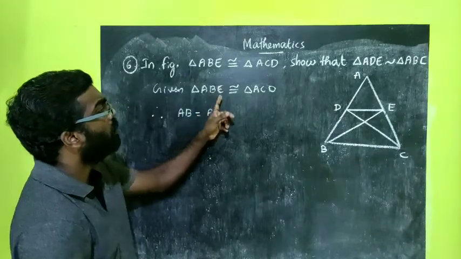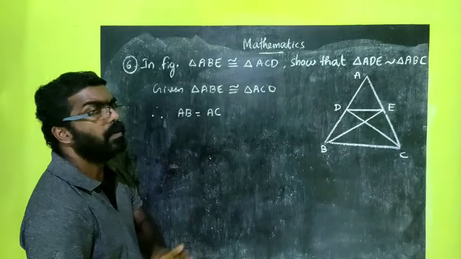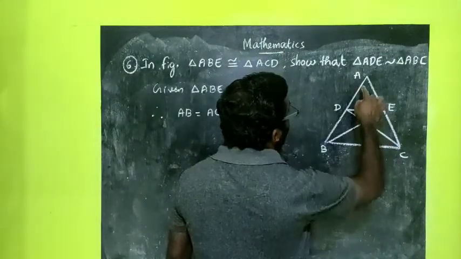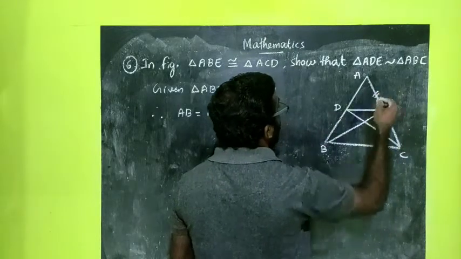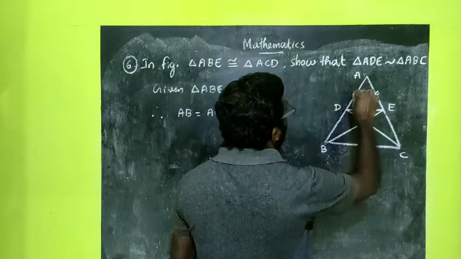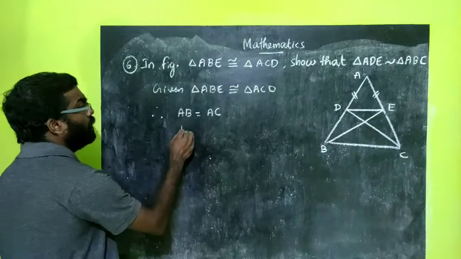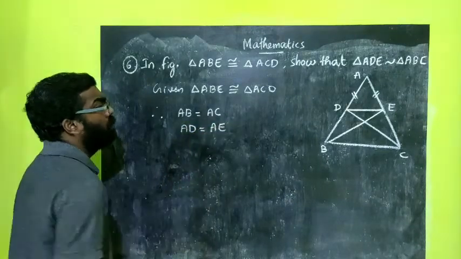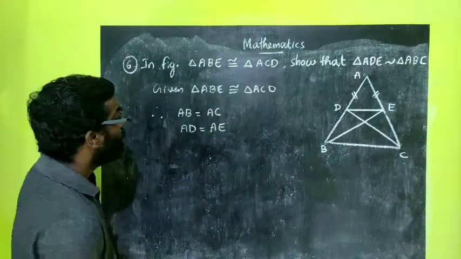And another side is, in ABE, the side AE, and in ACD, the side AD. So we can write AD equal to AE. I take two pairs of sides.